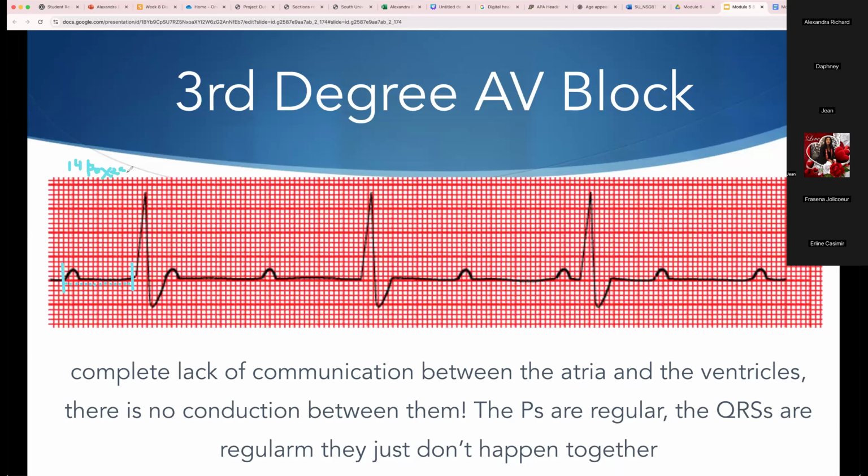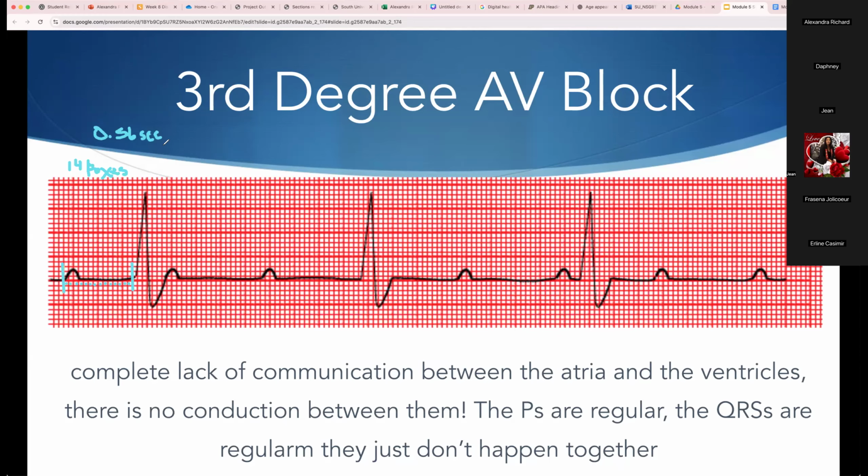In your calculator, multiply 14 times 0.04. Oh my gosh, 0.56 seconds. That's crazy, right? Because a normal PR interval should be 0.12 to 0.20 seconds long. This is more than double what it should be.